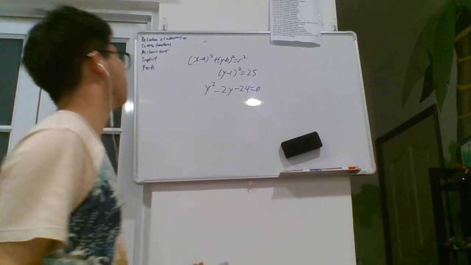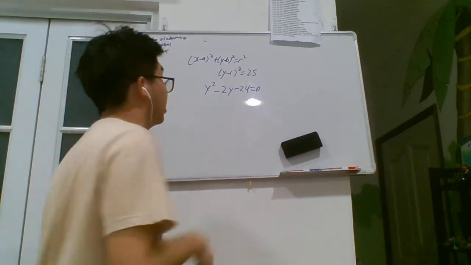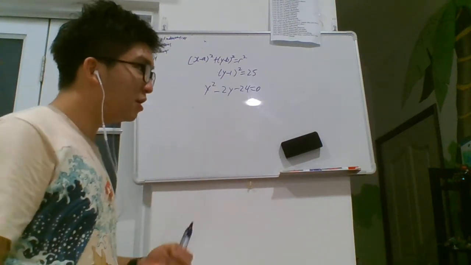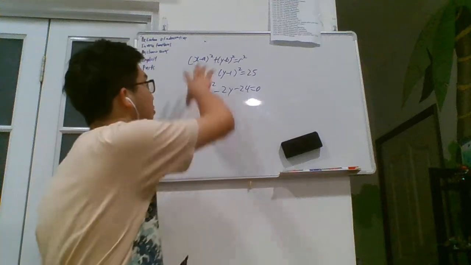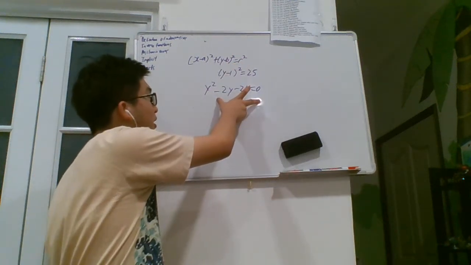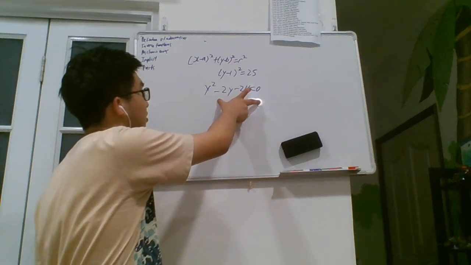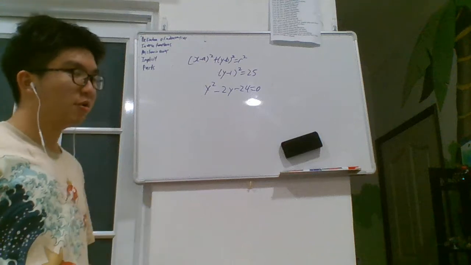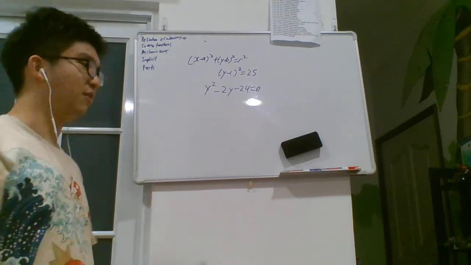And using your quadratic formula, you realize that you have two y values. However, as I said just now, a function is defined such that for every input there is only one output. However, here you have two outputs as a result of this. Therefore, a circle equation is a very good example of something that is not a function.